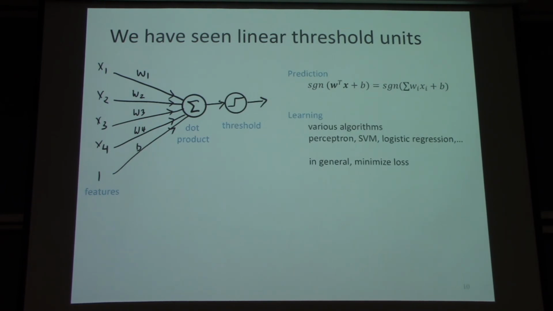And in order to learn these prediction machines, we have seen various algorithms. Perceptron, logistic regression, and all these things. And in general, we try to minimize loss, as we just saw. And the question that we completely ignored is, where do those features come from? One intriguing possibility is, what if those features themselves came from a different classifier?